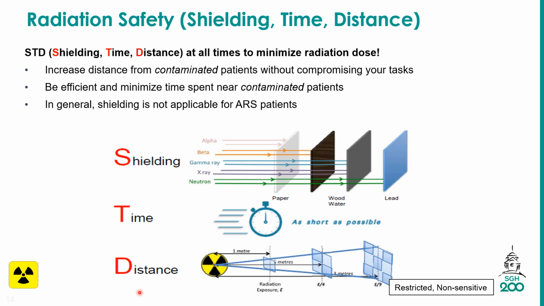Some books call it the inverse square law of radiation exposure and distance. Just remember that if you take one step back away from the radioactive patient, your exposure would reduce drastically.